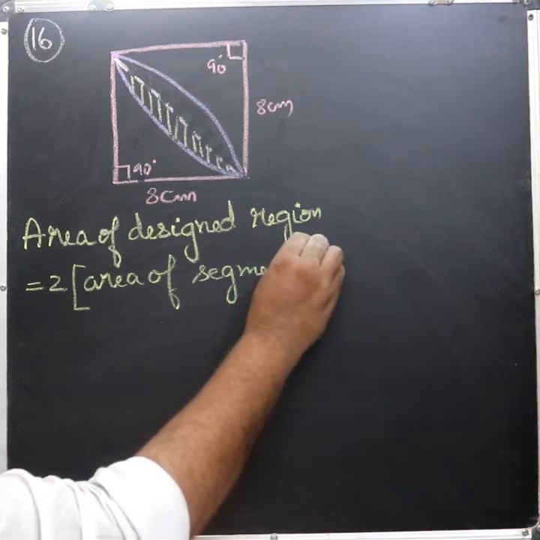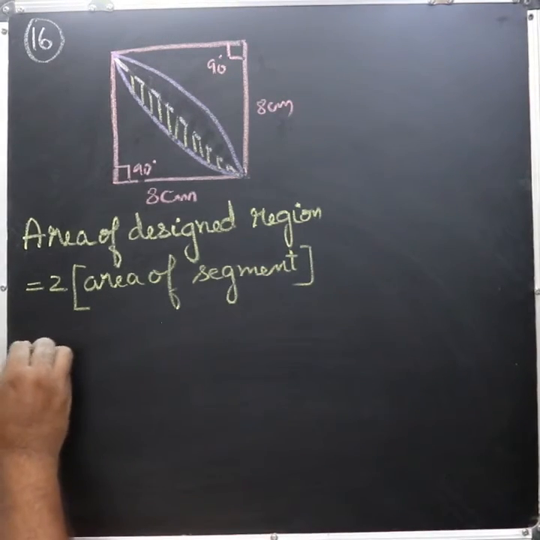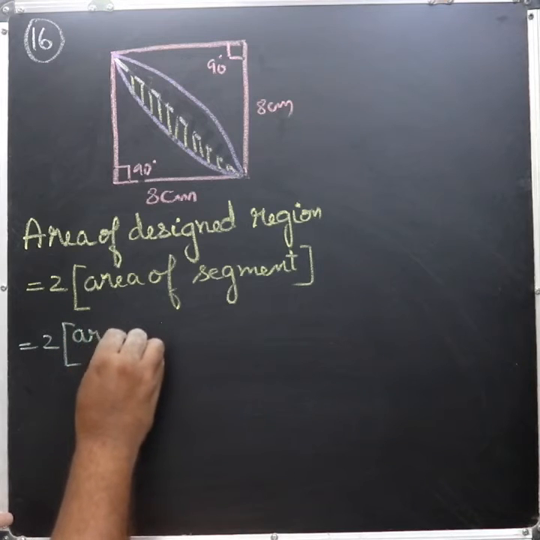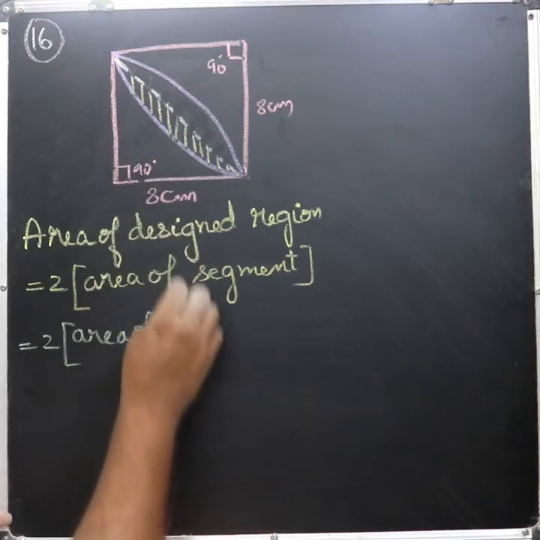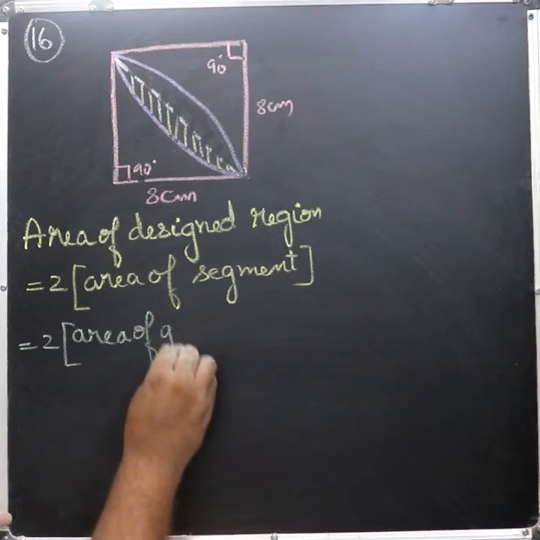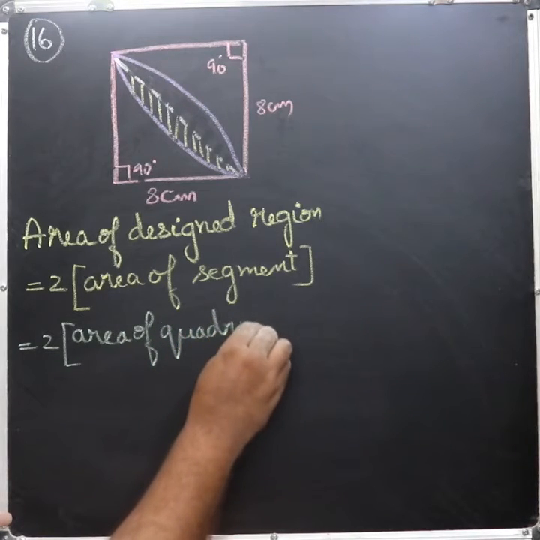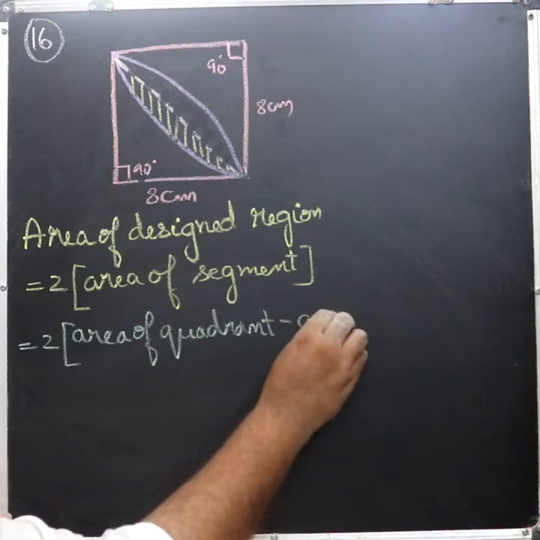Now you know how to find area of segment. Area of segment is given by area of quadrant. Actually it is area of sector, but now the sector is in the shape of a quadrant here. So you are going to have area of quadrant minus area of triangle.